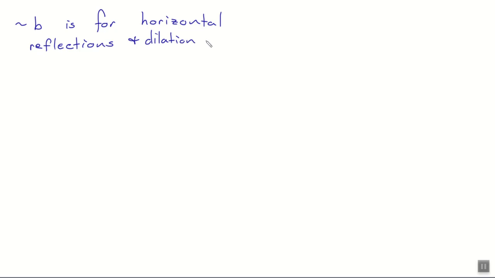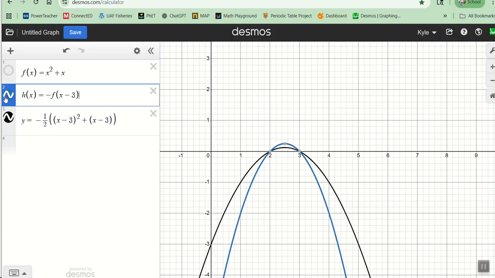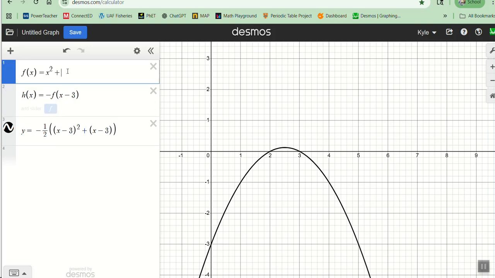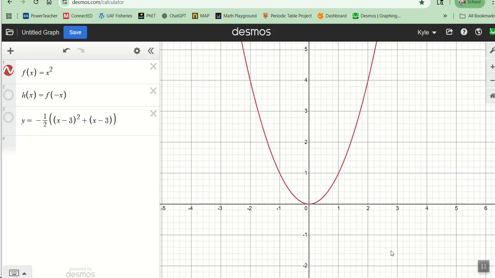Why is x squared a terrible example for this one? Yeah, and if somebody's listening and you go, what? What do you mean you can't really tell? I just want to show you something here. Let's do h of x this time is f of, pick a b value. Let's do -1. Okay, here's x squared. It's beautiful, right?